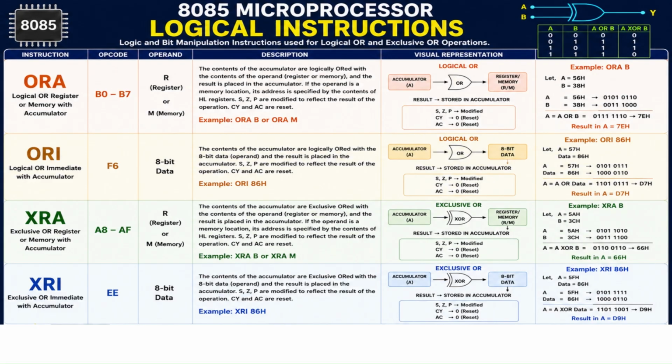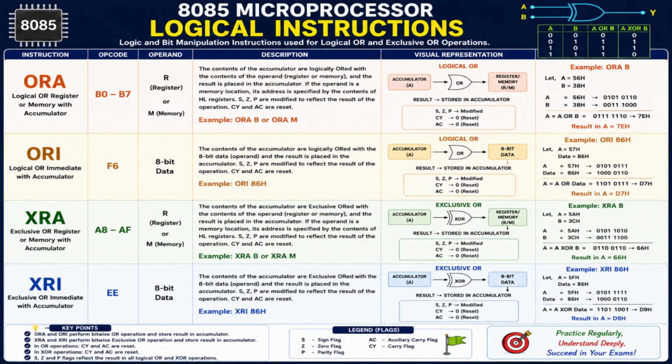Let's quickly summarize these instructions. ORA performs a bitwise OR using a register or memory. ORI performs a bitwise OR operation using immediate data. XRA performs a bitwise exclusive OR using register or memory.